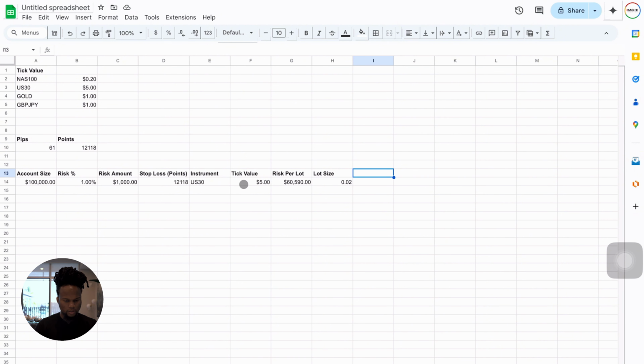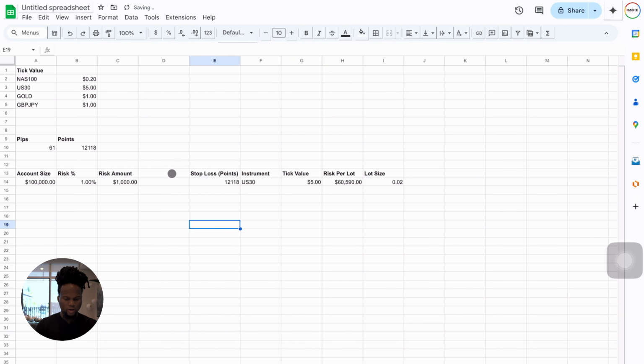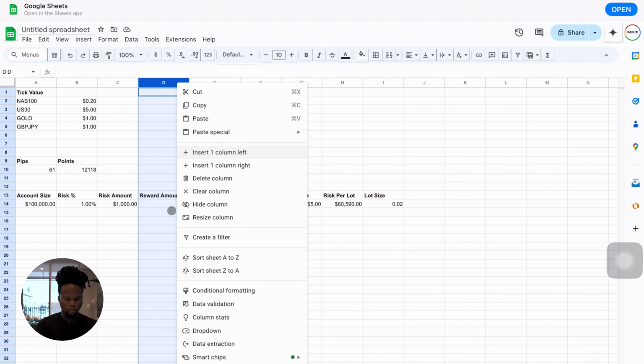So you've got the risk amount, and I'm also going to put the reward amount. So the reward amount is going to be this times... let me not do it yet. Let me just do this first. Reward ratio.